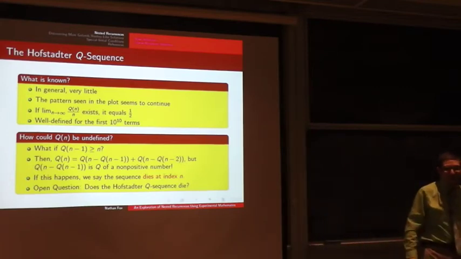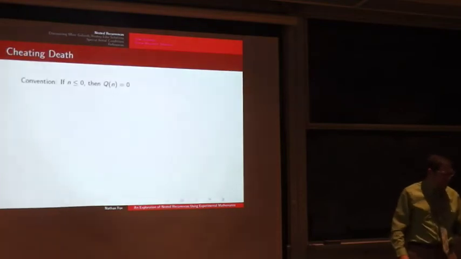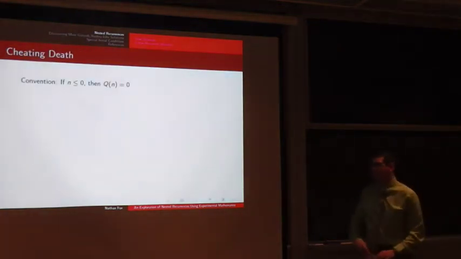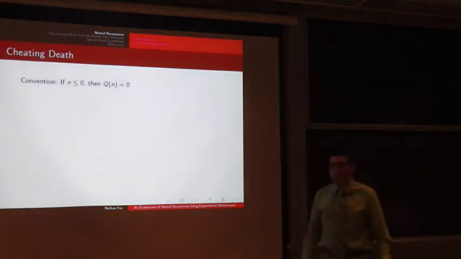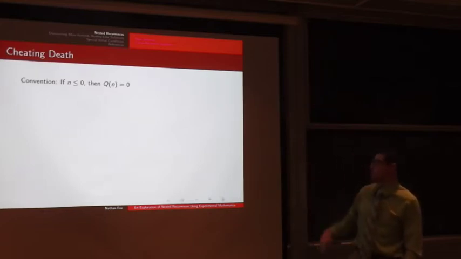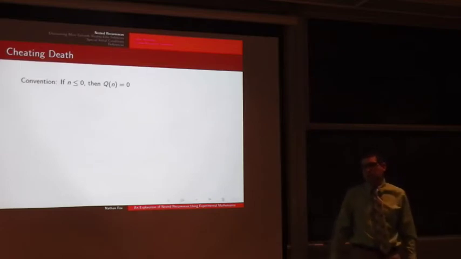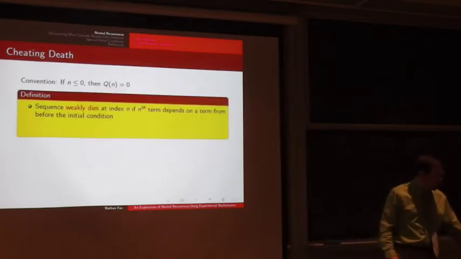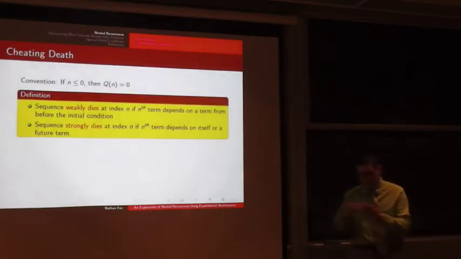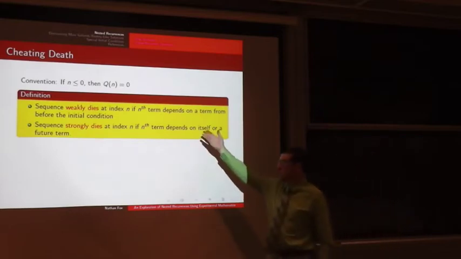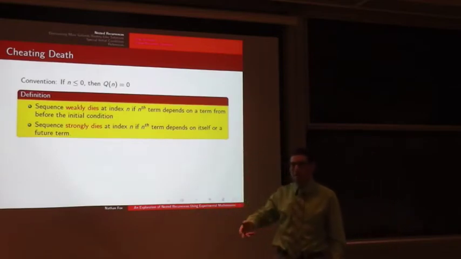And I didn't do that either. I proved other things. We're going to cheat a little bit and define the values of these sequences at nonpositive indices. We're going to define them to be 0. We want to do this because it's going to allow us to consider a wider variety of solutions. So we have two notions of death now. We're going to say that a sequence weakly dies if it dies in the previous sense.